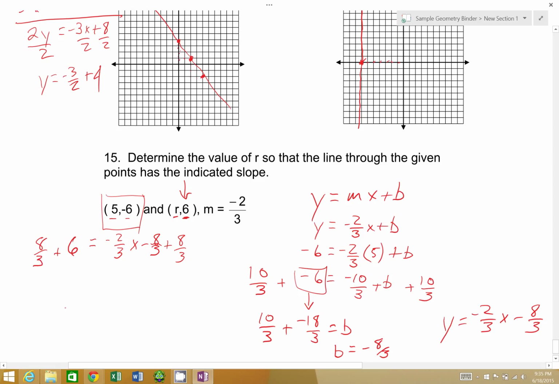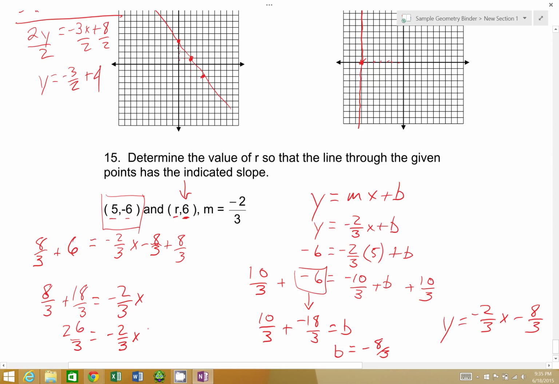Once again, I need to get this to an improper fraction with a common denominator. So I have 8 over 3 plus 18 over 3 equals negative 2 over 3x. 26 over 3 equals negative 2 over 3x.